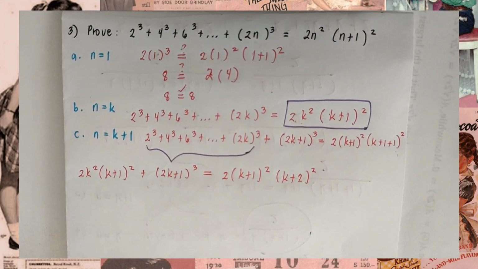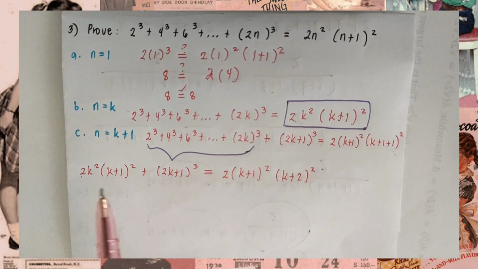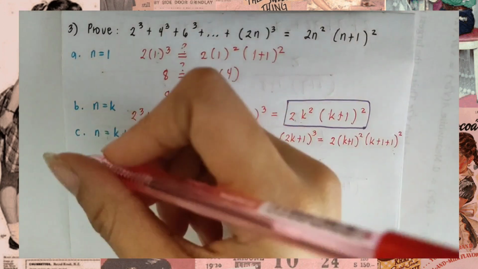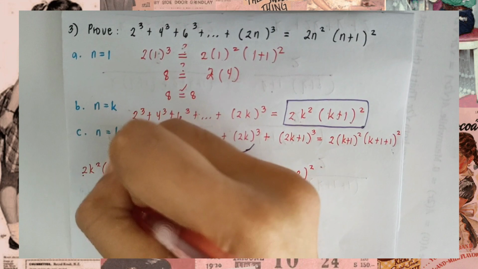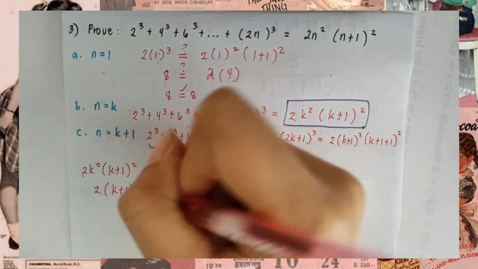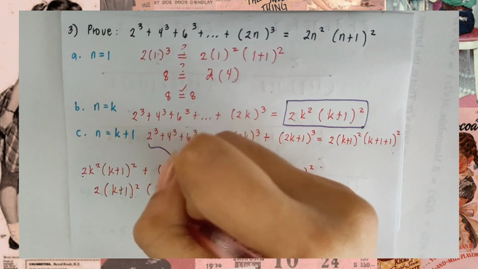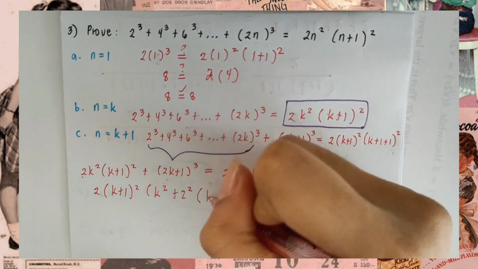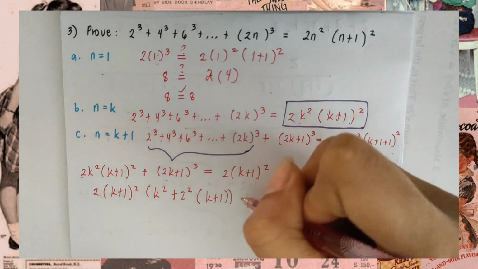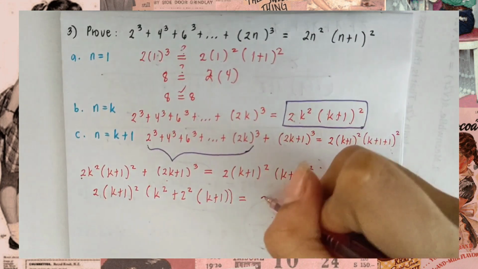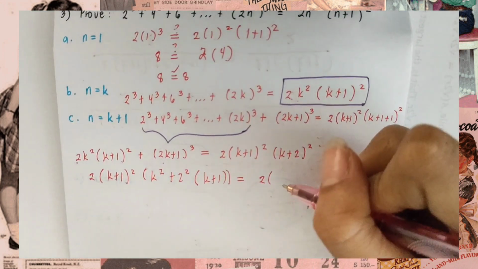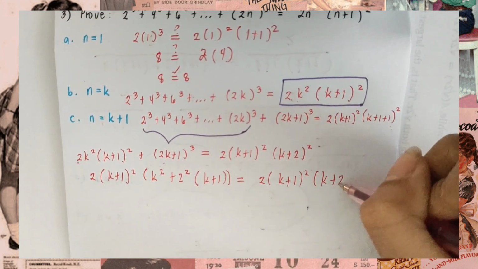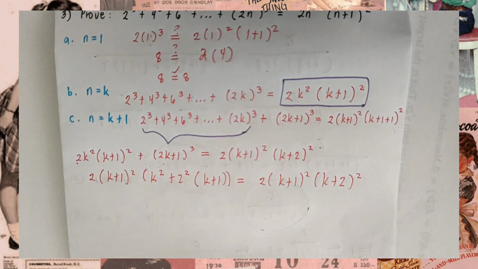Next, we need to factor out 2 here and k plus 1. So it will become 2 times the quantity of k plus 1 squared times k squared plus 2 squared times k plus 1 equals, copy, 2 times the quantity of k plus 1 squared times k plus 2 squared.